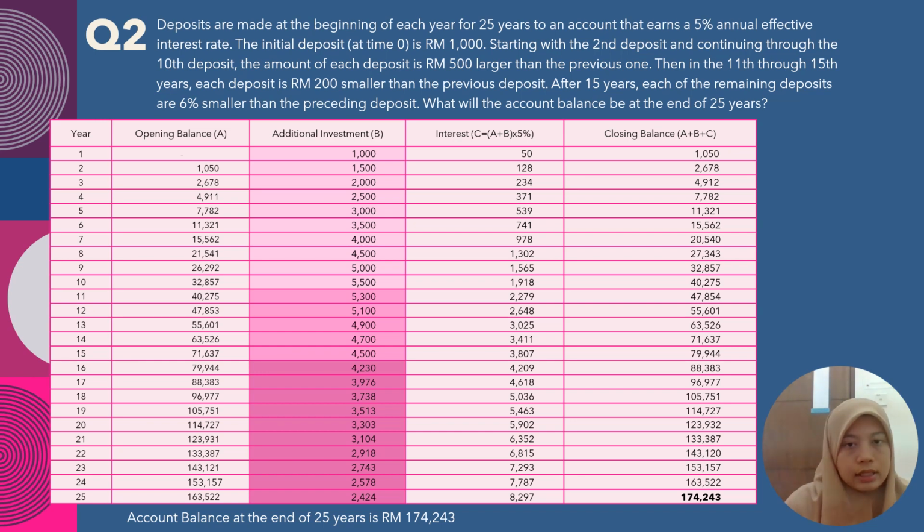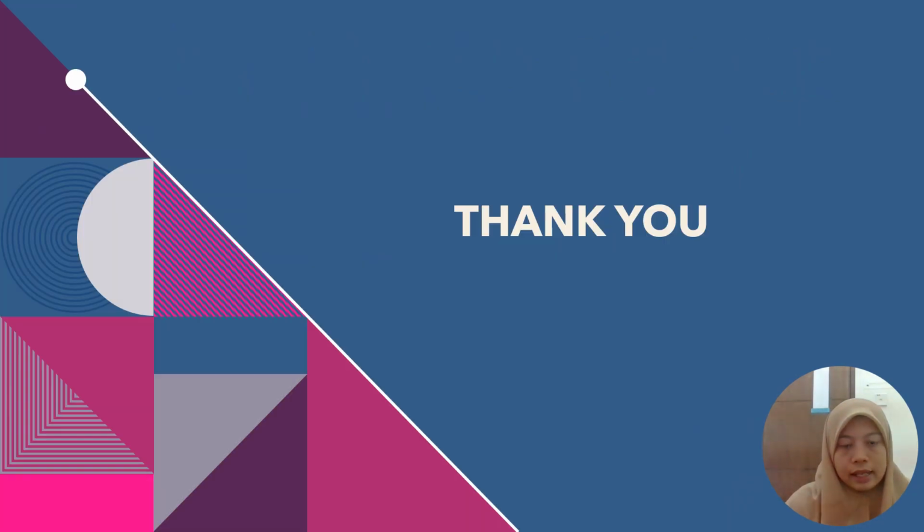And then using this calculation, we get that at the end of year 25, the closing balance is equal to 174,243 ringgit.